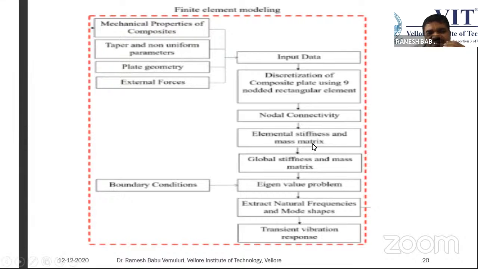So how we are going to get the stiffness and the mass matrix, based on how many nodes you have considered, we'll see now.